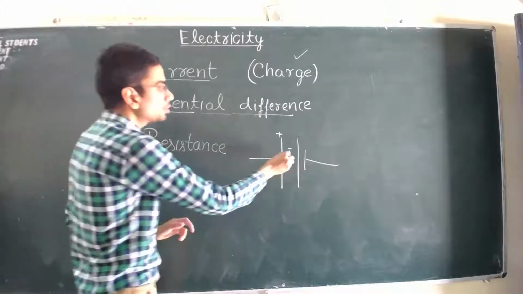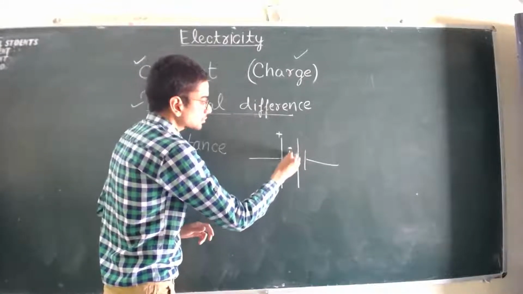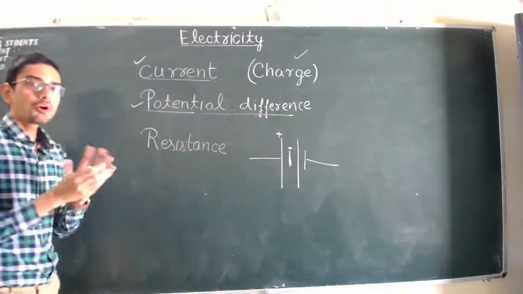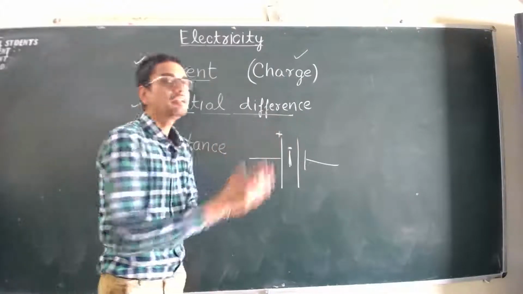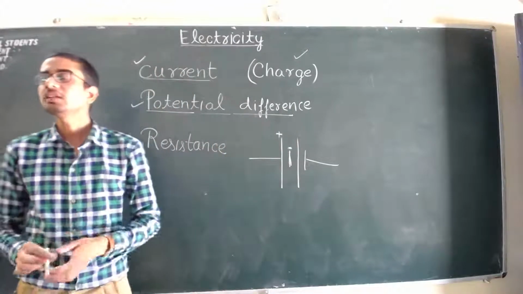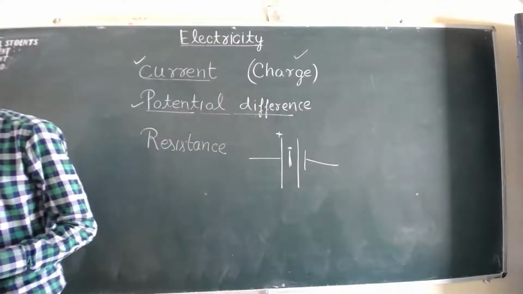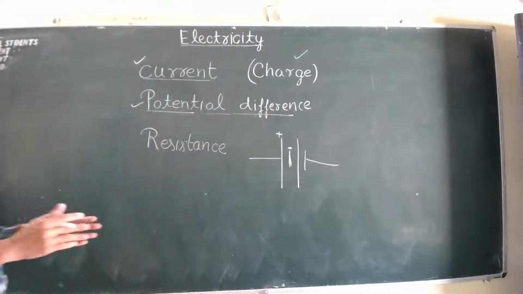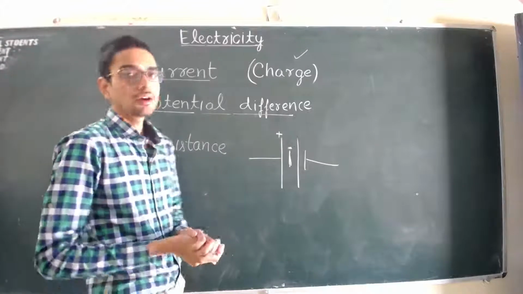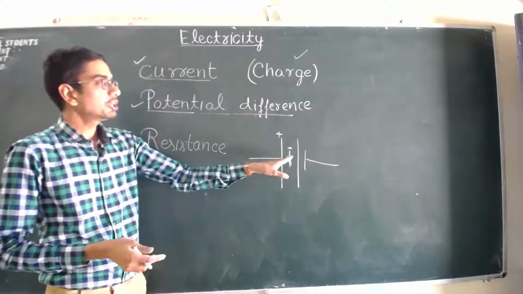So the current flows from positive to negative terminal. What is the direction of current? Direction of current is from positive to negative terminal of a circuit. It means from high potential to low potential.